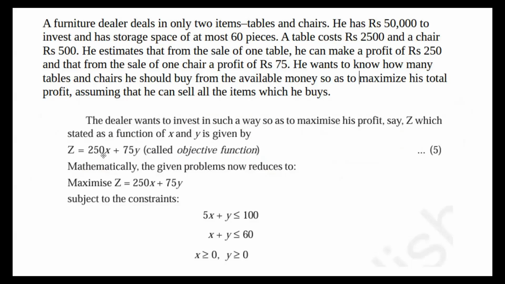So his profit function, what we call the objective function. The objective is to maximize z, right? Your objective is to make the most profit. So these are the constraints, right?